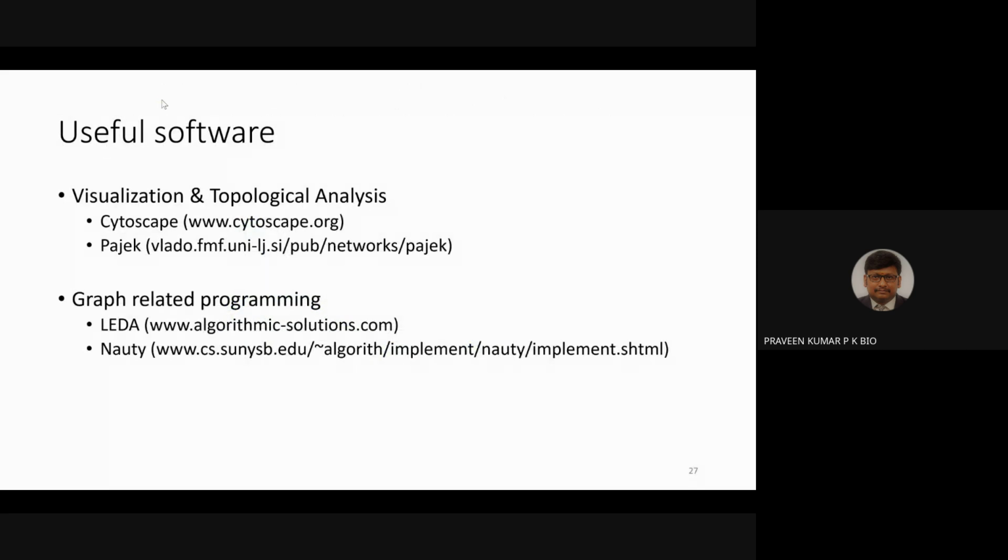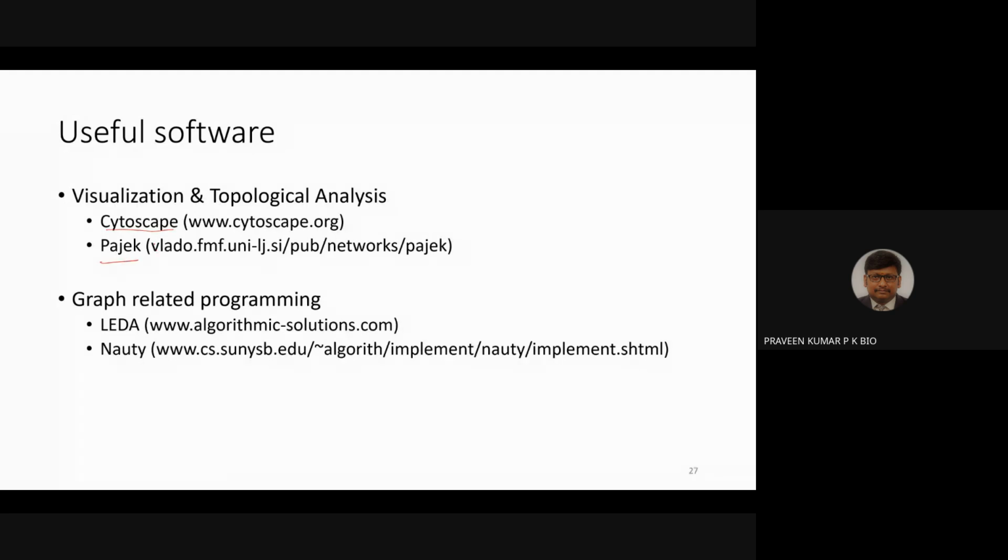The most important tools present in systems biology: number one, visualization of networks can be done through Cytoscape. This is the URL to download Cytoscape. One can install it, and after installation, you can use it as open source software. If you download the protein-protein interaction file, you can open those networks even without internet. There is also another software called Pajek.